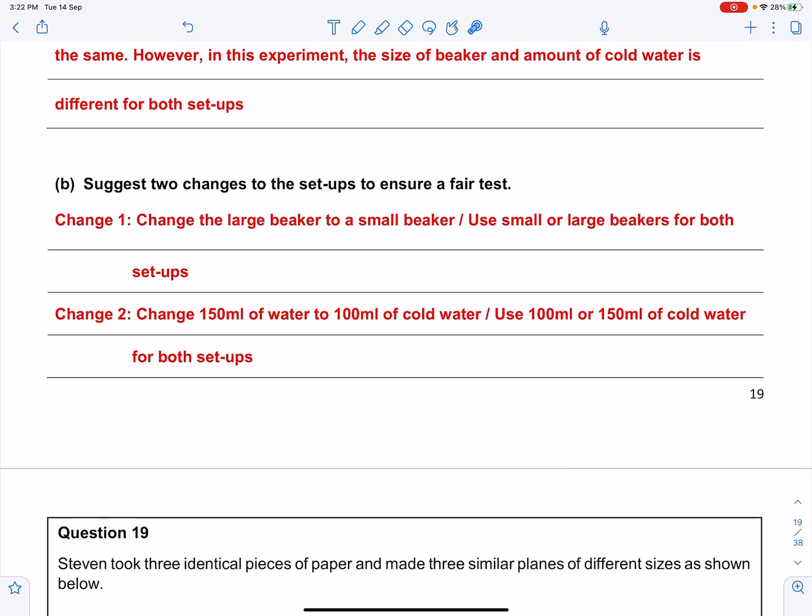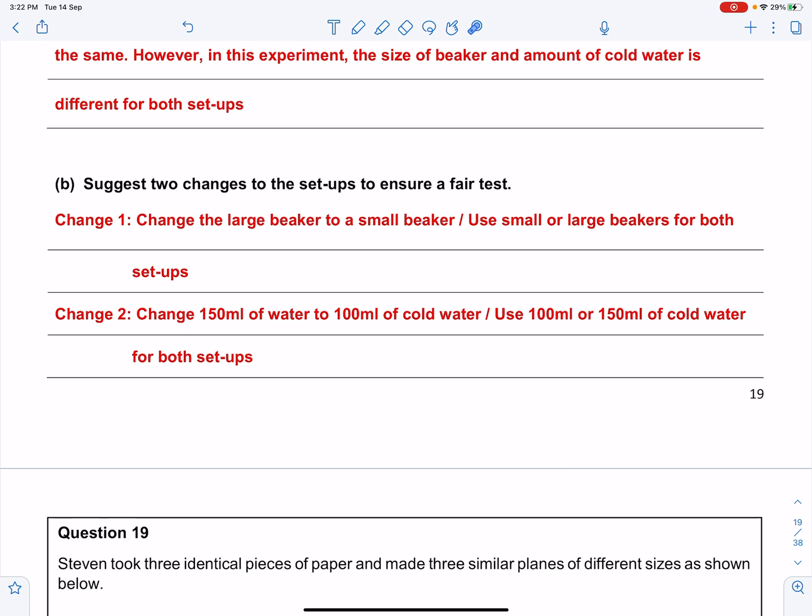You cannot say make the volume of water to be the same. So make is a very general, non-specific, very ambiguous term. Make. How do you do it?